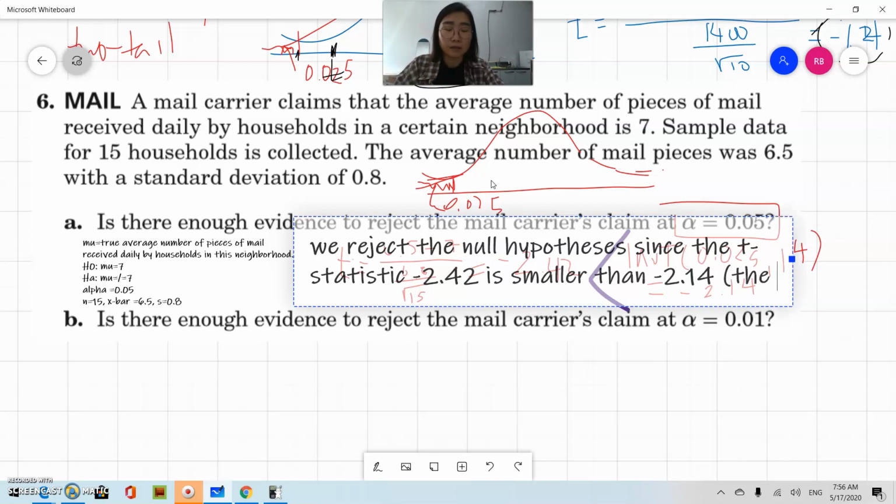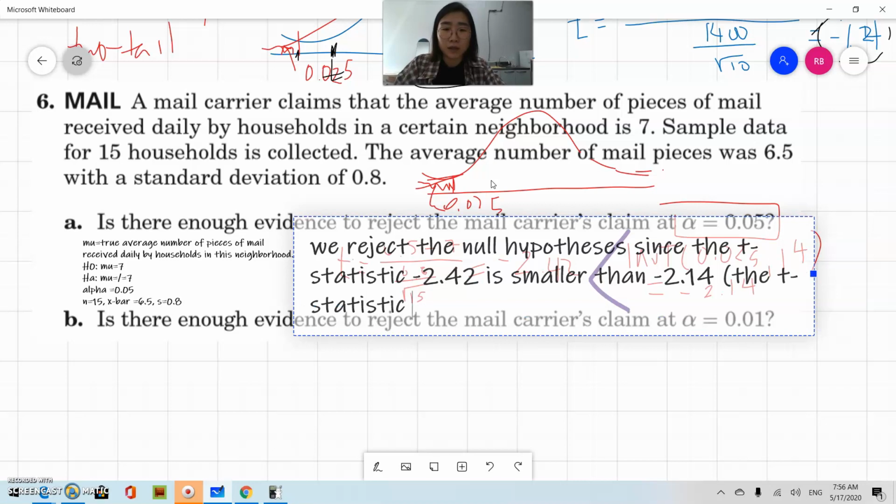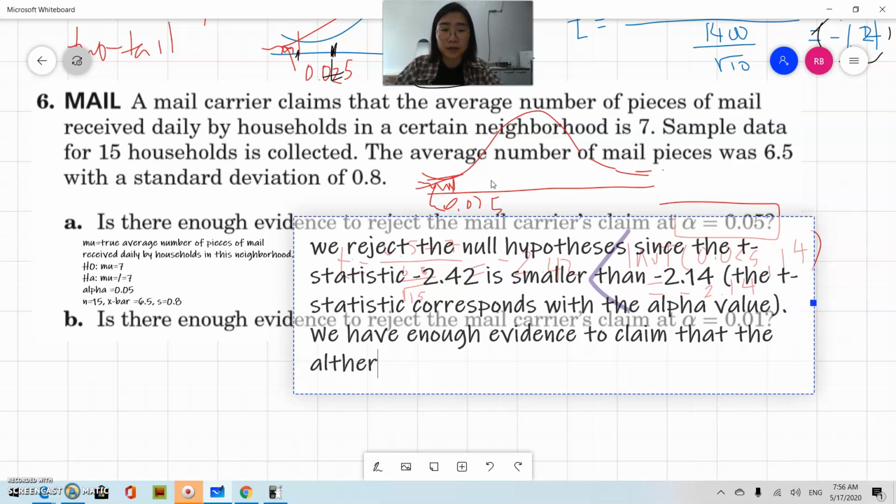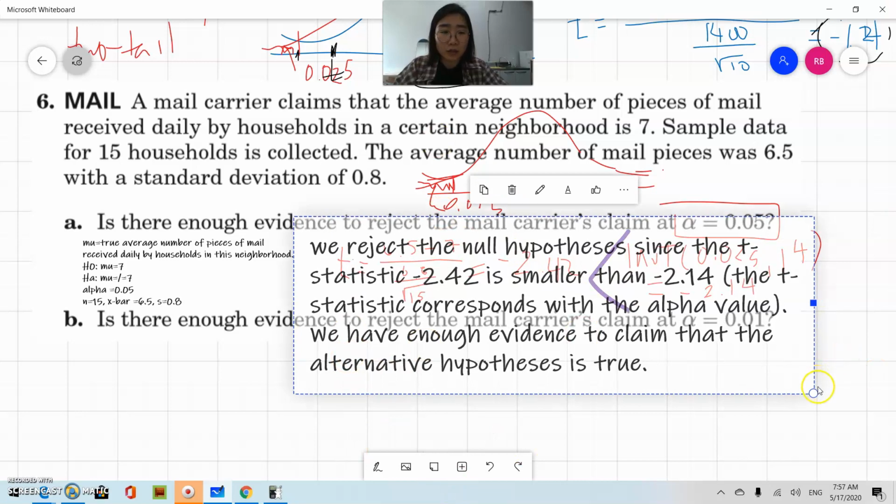The t statistic corresponds with the alpha value. Therefore, we have enough evidence to claim that the alternative hypothesis is true. Okay, so that's what we write as a conclusion.